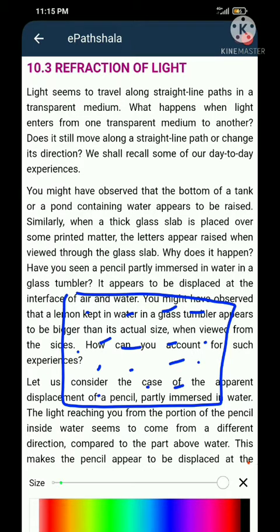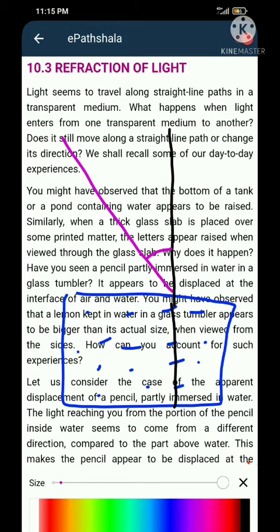Whenever light goes from a rarer medium to a denser medium, suppose this is the normal, which is perpendicular to the medium, the light makes an incident angle here and goes into the denser medium.